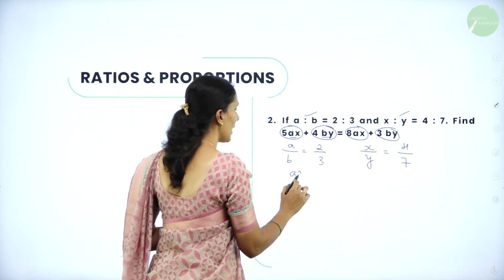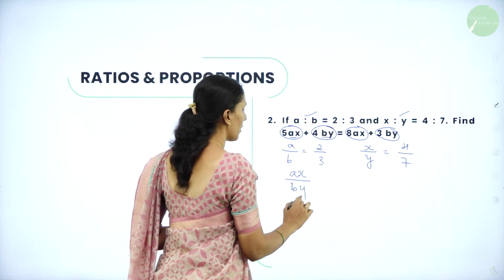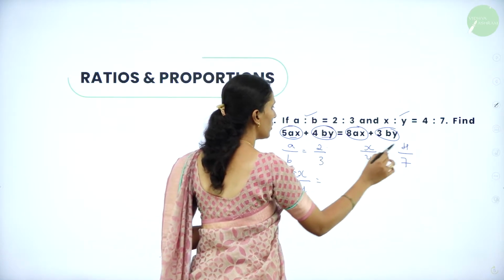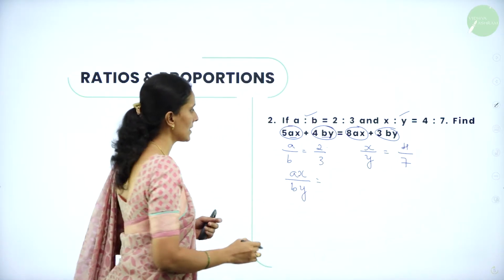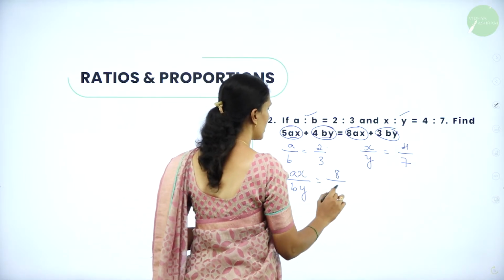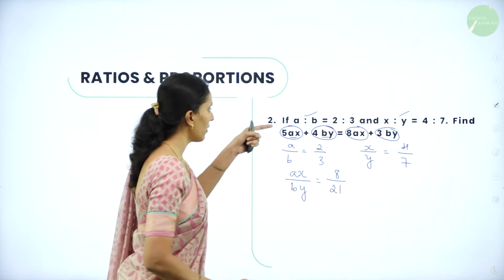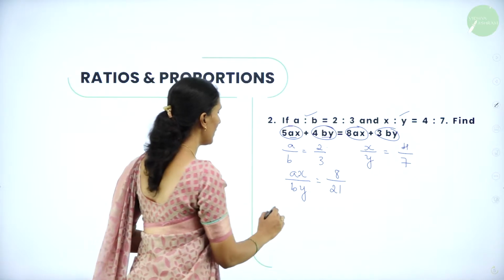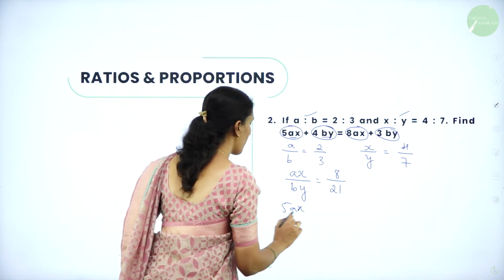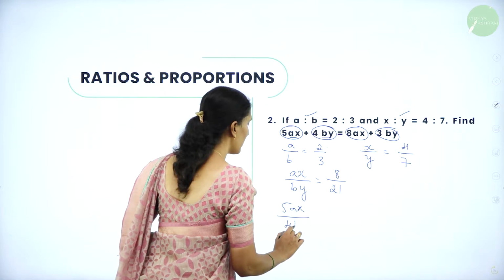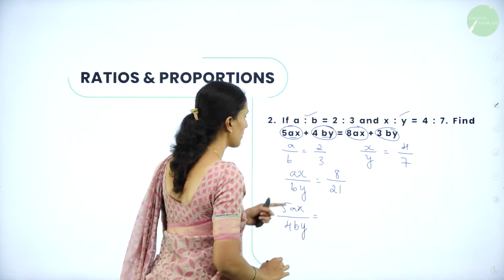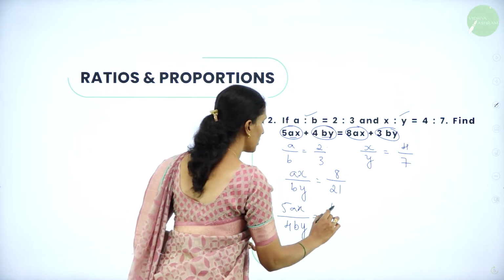Now I need ax into by. So ax is 2 into 4, a compound proportion we can say. 2 4s are 8, 3 7s are 21. Now I need 5ax, 4by. So 5ax plus 4by. What is 5ax now? 5 8s are 40.